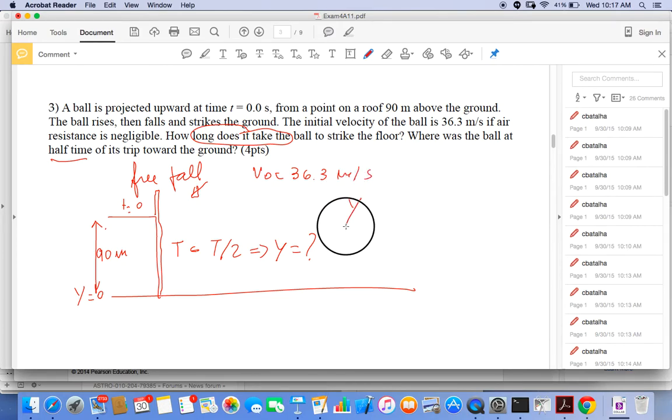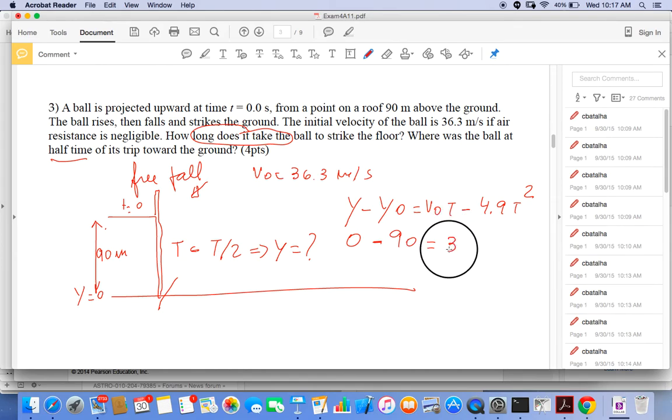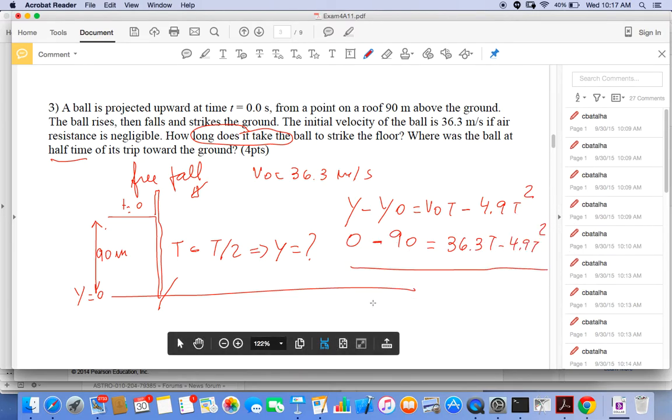If you use your equation of position versus time, I think you can do the trick, right? So final position, when it hits the floor, is 0. Initial position is the height of the building. And then you have the initial velocity. And then you have a quadratic equation, and then you can solve for t.